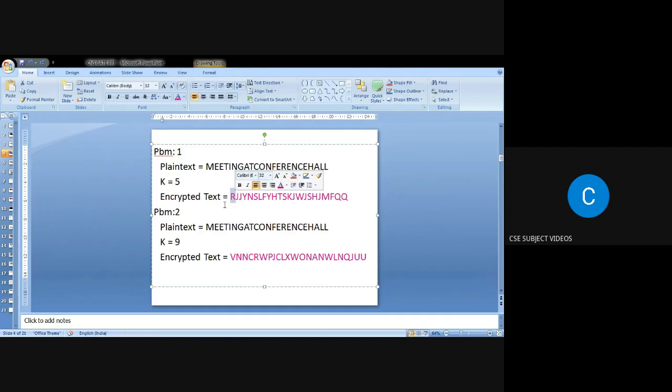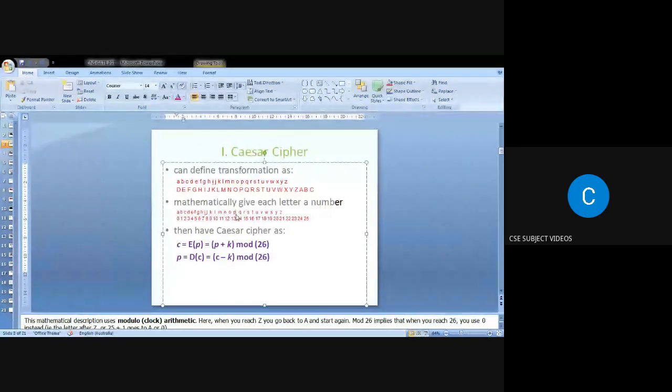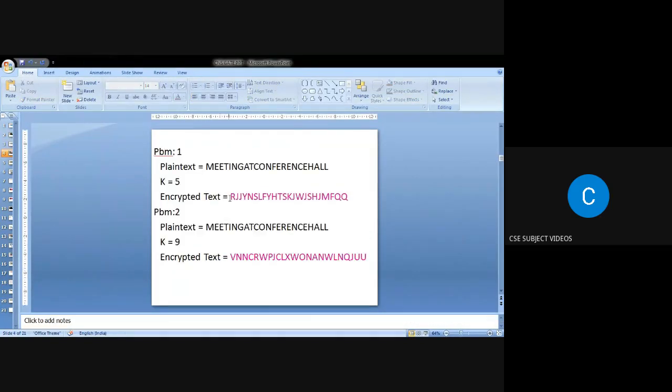So now we have to go with the fifth letter left to R. So for R, Q is 1, P is 2, O is 3, N is 4, and M is 5. So now we have to substitute the letter M instead of R. Is it clear? So we just make the reverse process of the encryption process while recovering the plain text from the ciphertext.